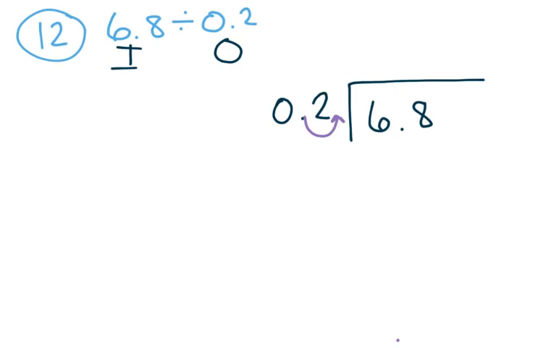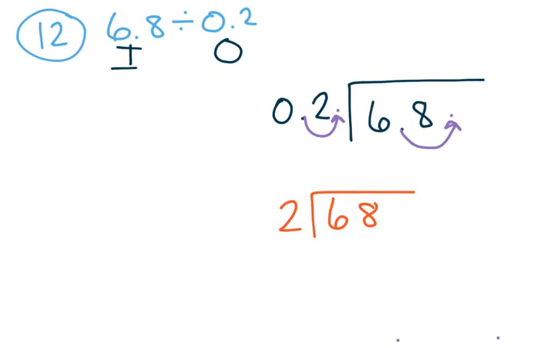Whatever you do to your divisor, you have to do to your dividend. So we moved 1 decimal place here. We're going to move 1 decimal place here. So now your decimal is to the right of both of those numbers. Your problem is going to be rewritten as 68 divided by 2.